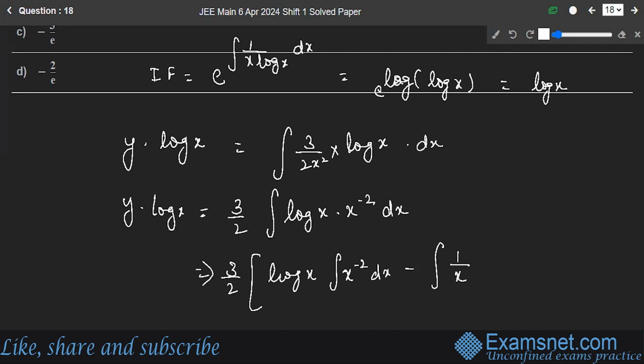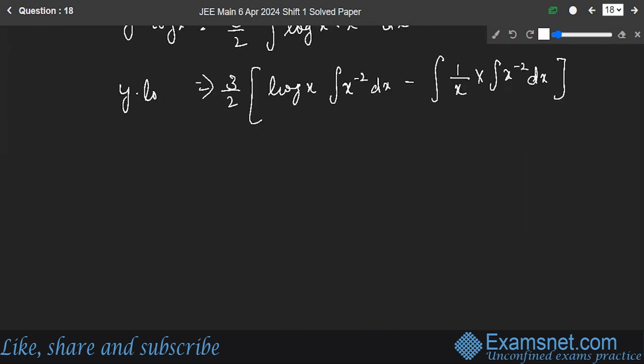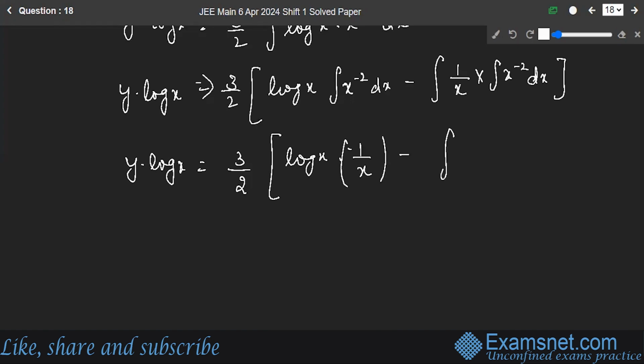This is derivative of first into integral of second. Integral of second is this, correct? So you have y into log x is equal to 3 by 2. This will give me log x into minus 1 by x, minus integral of 1 by x into minus 1 by x square dx.